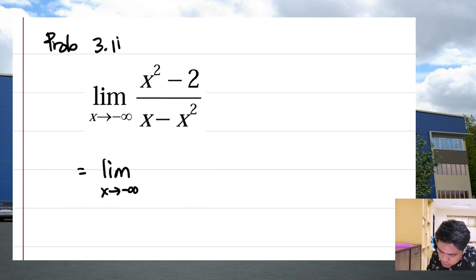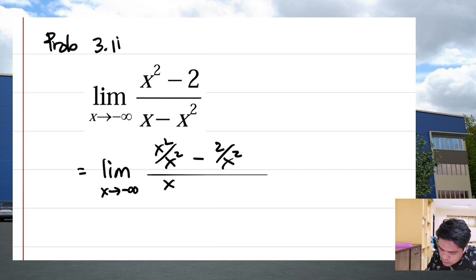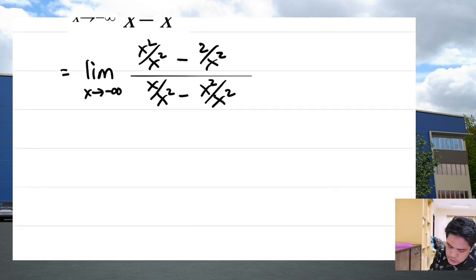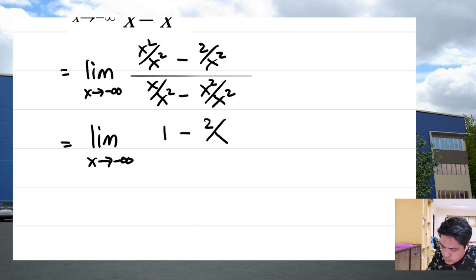That would be equal to x squared over x squared minus 2 over x squared, divided by x over x squared minus x squared over x squared. Of course, x squared over x squared is 1. So, minus 2 over x squared divided by 1 over x minus 1.